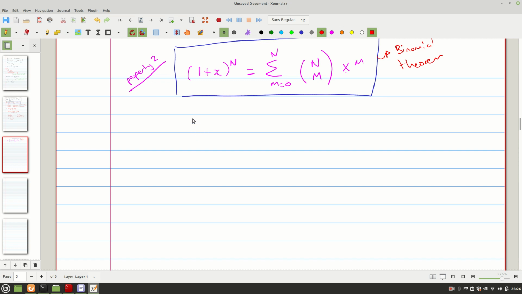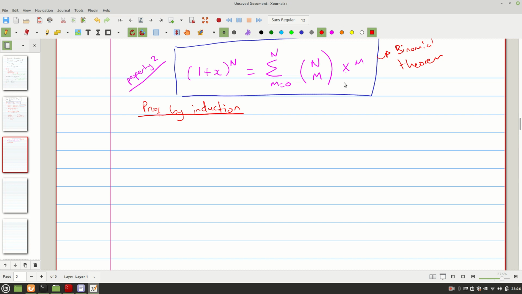So how do we prove this? We're going to do a proof by induction, right? When n is 0 and n is 1, we can easily substitute these values and see for ourselves why this holds true for n equals 0 and n equals 1.